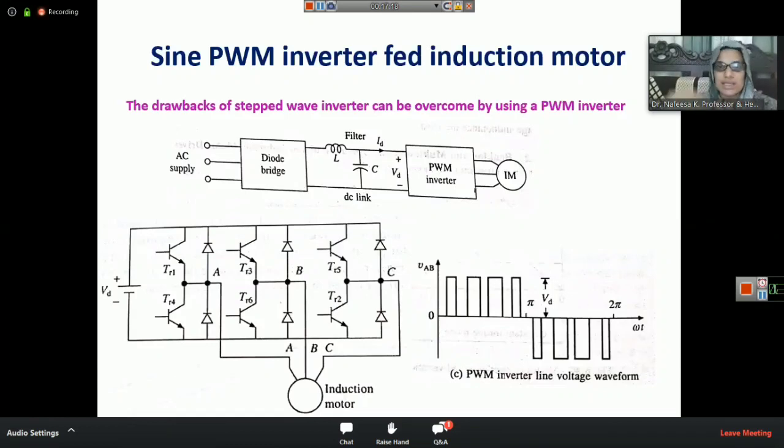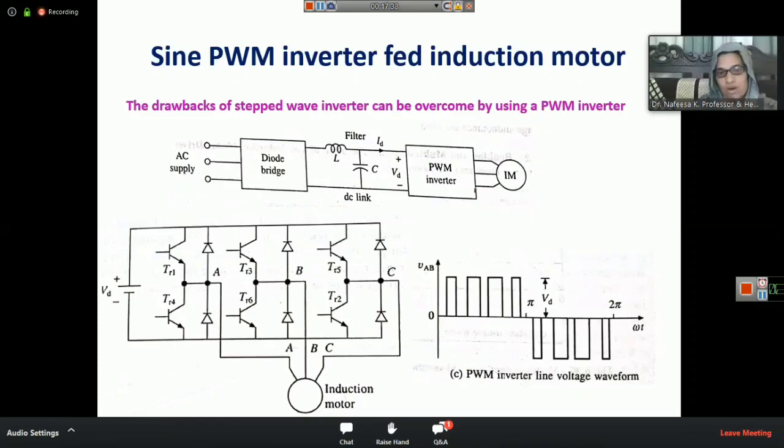Unlike this, in the PWM inverter we get the output itself as a variable voltage, variable frequency output, so that you can directly give it to the stator of the induction motor. That is the advantage of the PWM inverter setup.